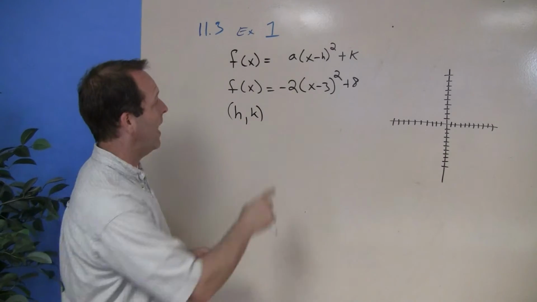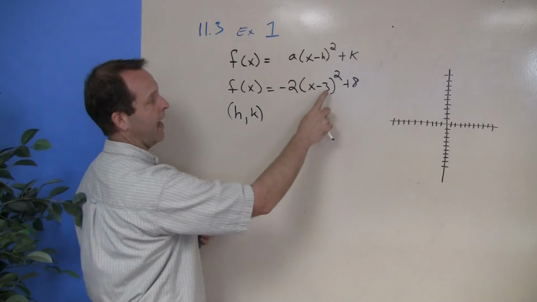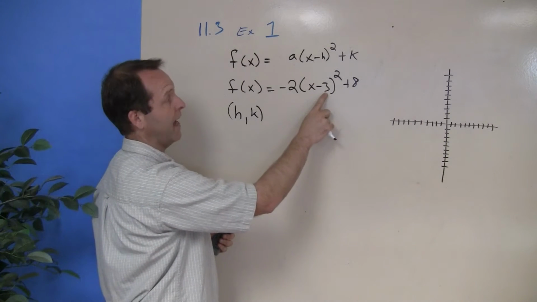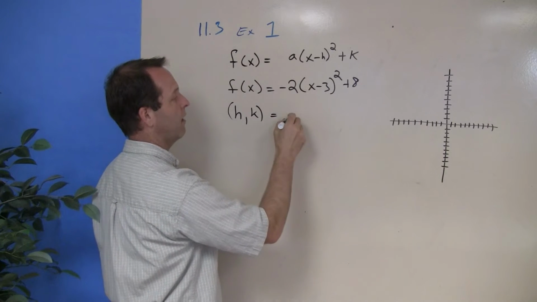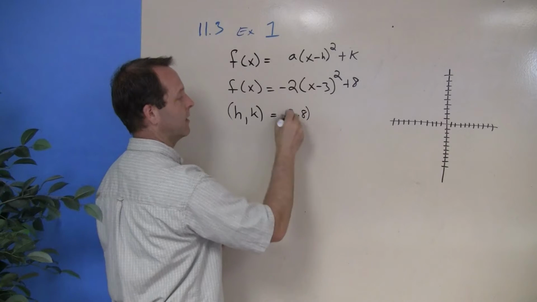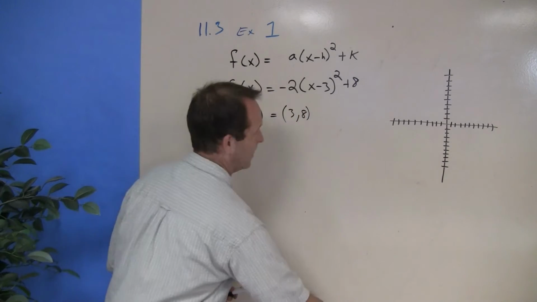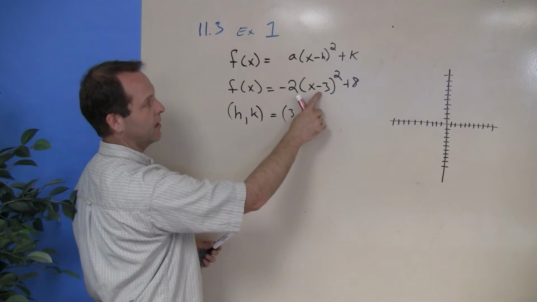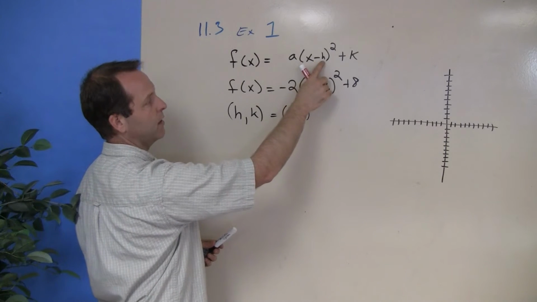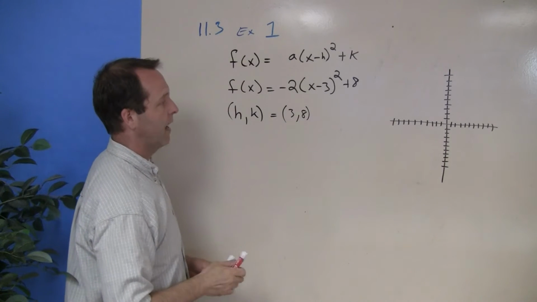So if my function's in this particular form, I can just look at the value in the h position and the value in the k position. So I have a value of 3 and 8. That's a coordinate pair where the vertex of the graph is. Notice that I did not put a -3, because the form has the minus h. So if it's already a negative right here, then that's the value 3 that I'm looking at.